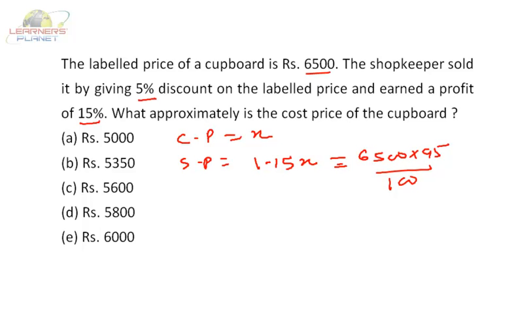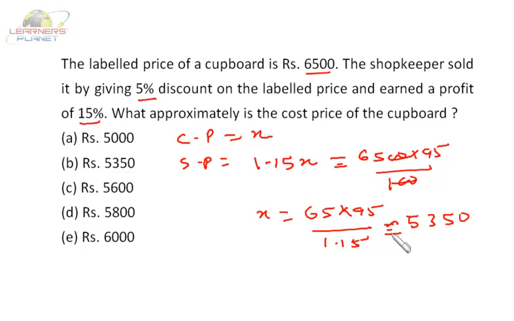So from this we can calculate X. So X is equal to 65 into 95 by 1.15. Just multiply these terms, solve this, and you'll be getting the answer. Approximately it is 5350. I hope you are clear. Let's take the next problem.